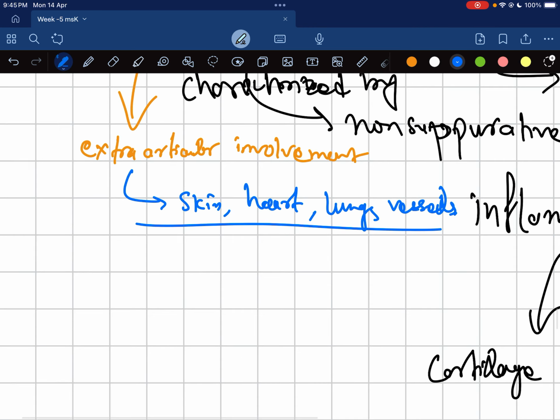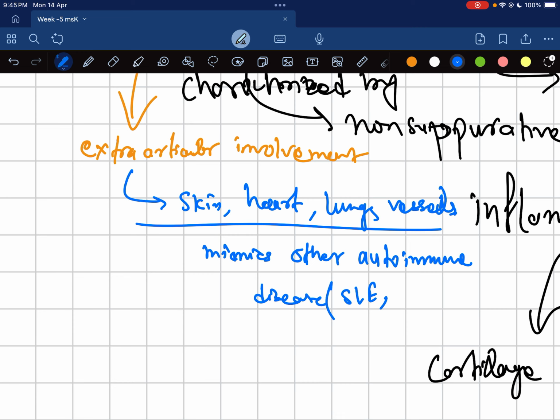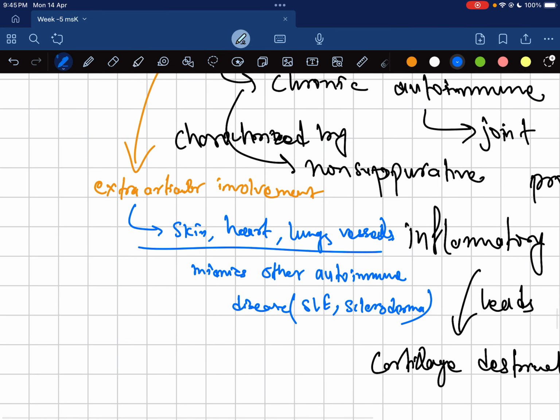The disease mimics other autoimmune diseases like SLE and scleroderma, with involvement of the heart, skin, lungs, and vessels.